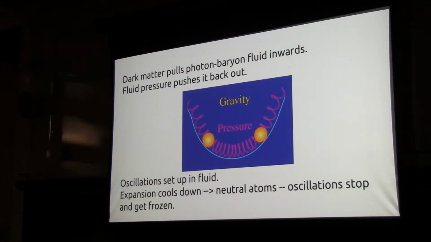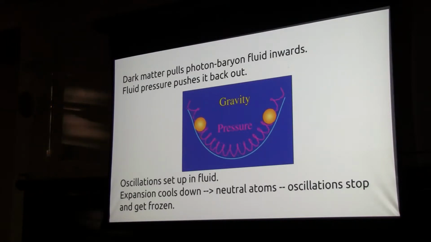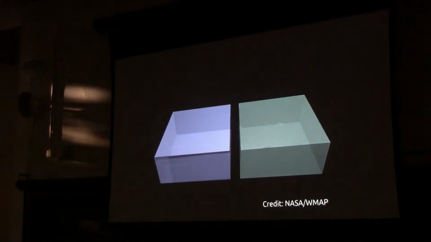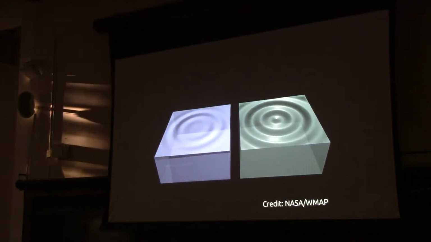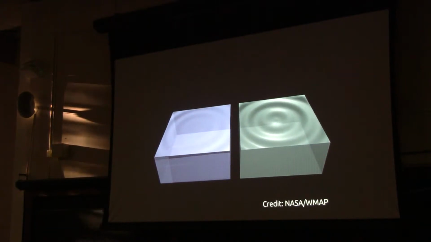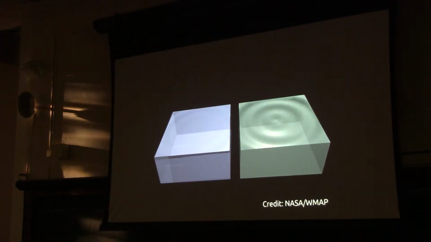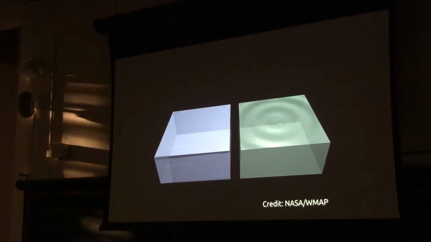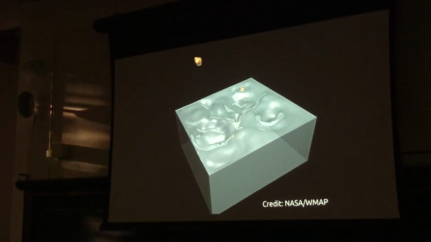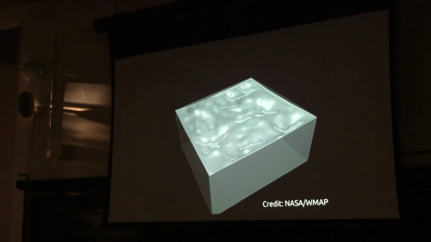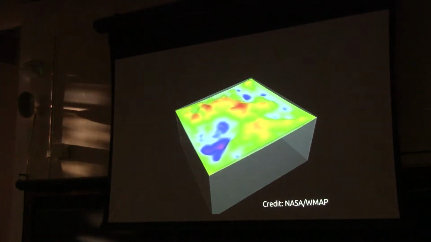But when the universe goes from hot to cold, the constituents of baryons become neutral, and these oscillations stop and get frozen. Here's one way to see this. If you imagine throwing a pebble into a pool, that shows you how these pressure waves, these sound waves, are set up inside the fluid. But imagine throwing many pebbles, which are regions of many different overdensities and underdensities.